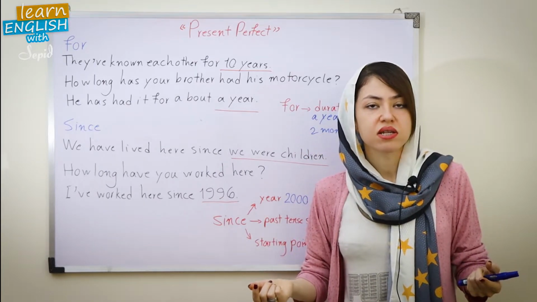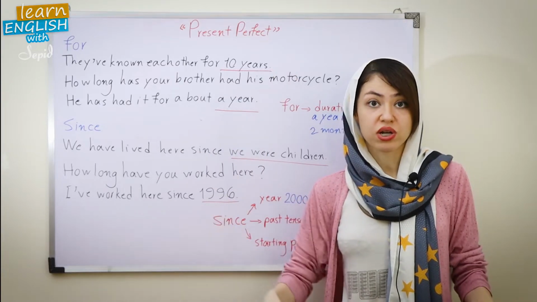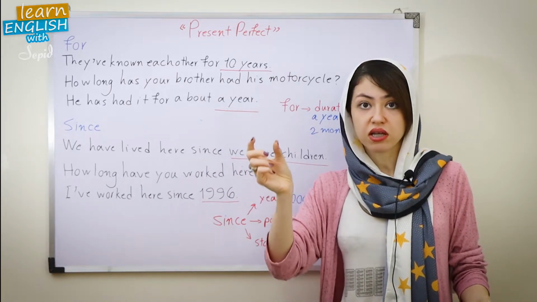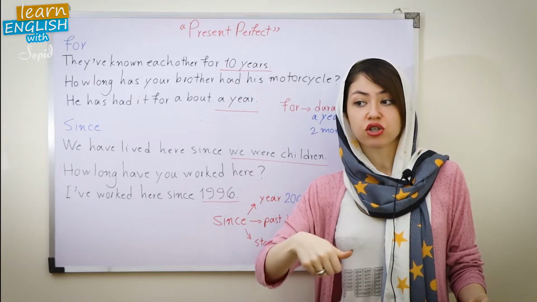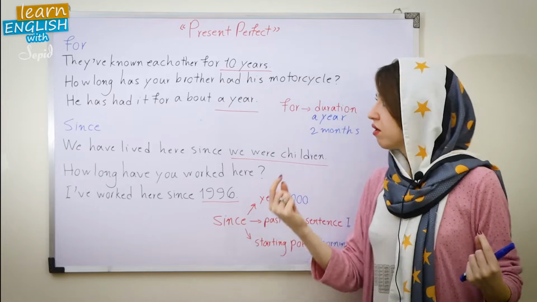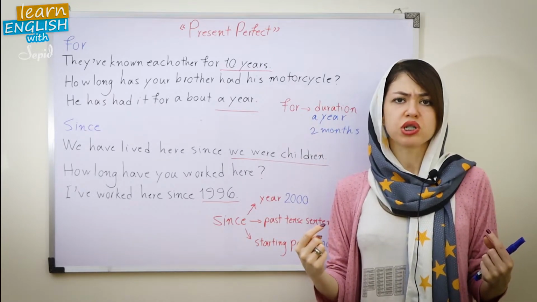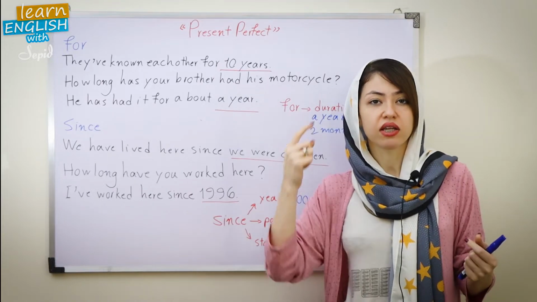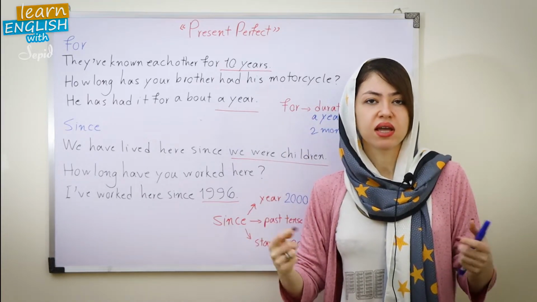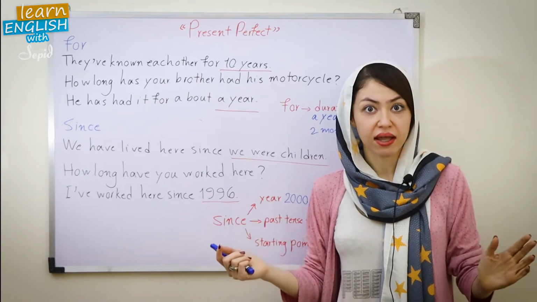For instance, if I say 2 years ago, you understand that it is in the past, okay? It took place in the past. But if I say for a year, there is a kind of question mark in your mind. And you would ask, okay, for a year, but when?